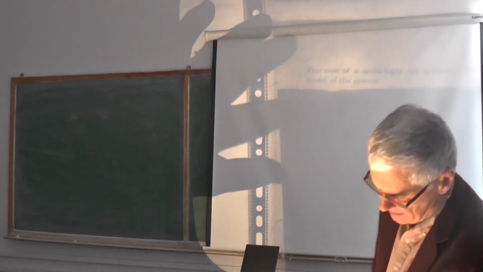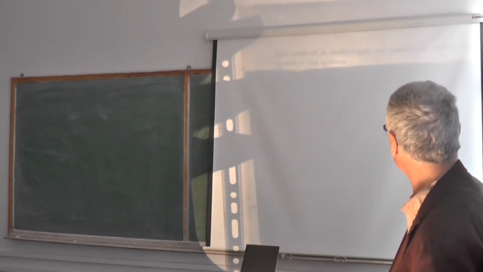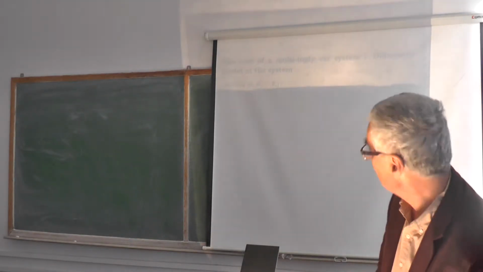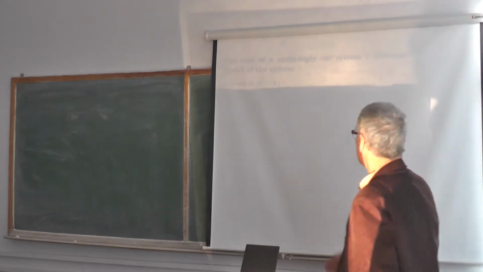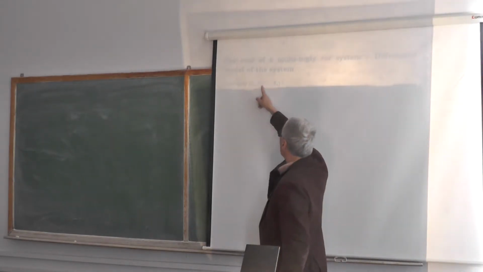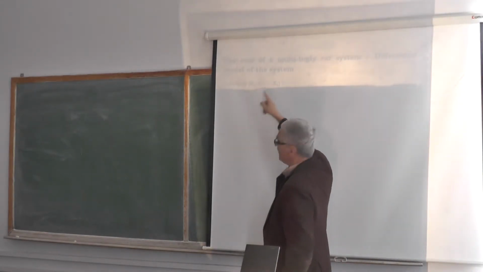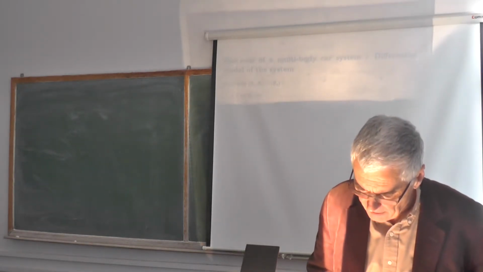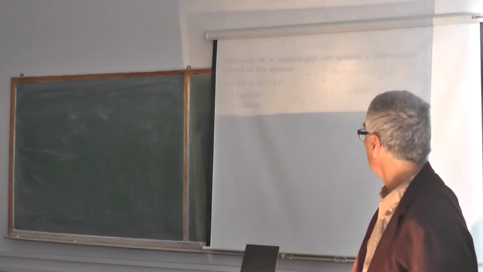This is the case of a multi-body car system. It is made of B0, which is the car, and B1 to Bn, the trailers. A car and trailers.